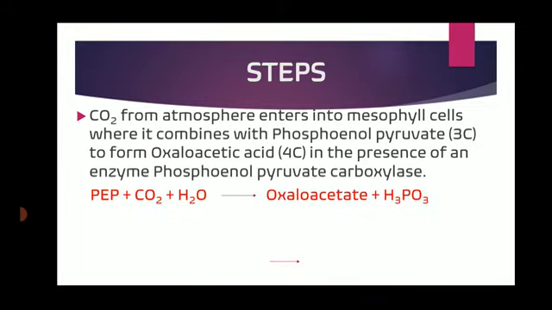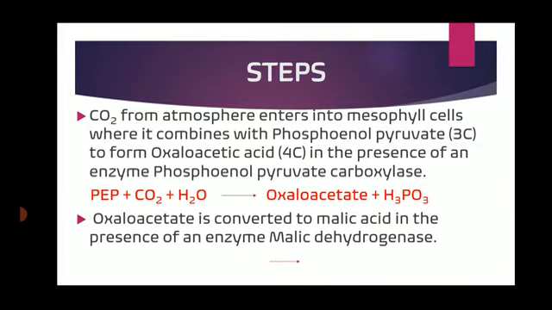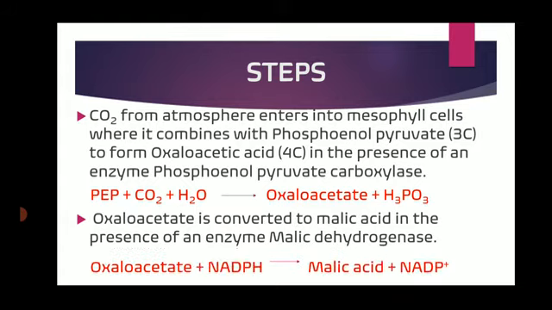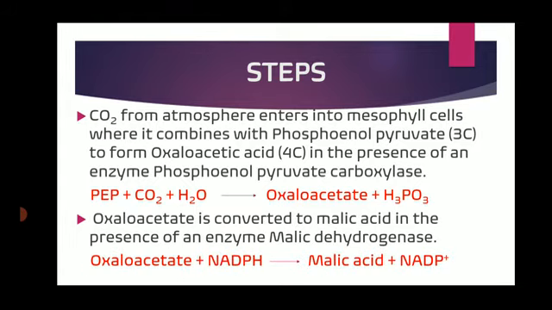As you can see, PEP, which is the acceptor of carbon dioxide, gets converted into oxaloacetic acid and phosphoric acid. Now this oxaloacetic acid is converted to malic acid in the presence of the enzyme malic dehydrogenase.